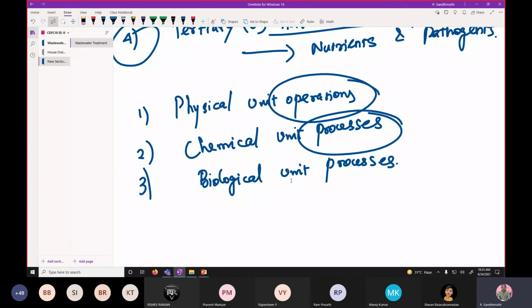During that time, the particles having a specific gravity greater than 1 will settle at the bottom of your tank. The removal is mainly by gravitational force, which is responsible for the settling of the particles. Physical forces are responsible for the removal of the contaminant. That is called physical unit operations.